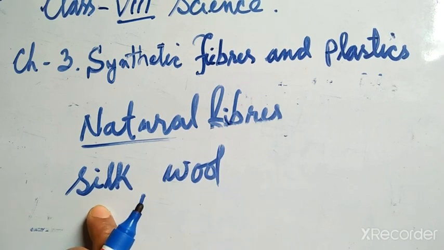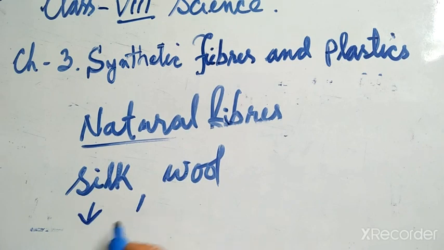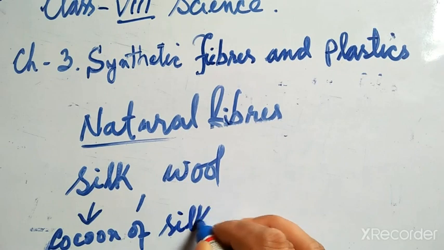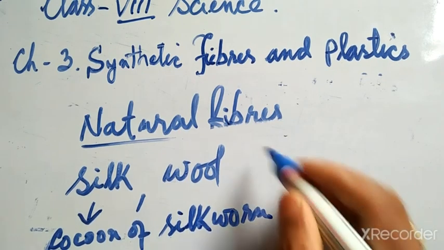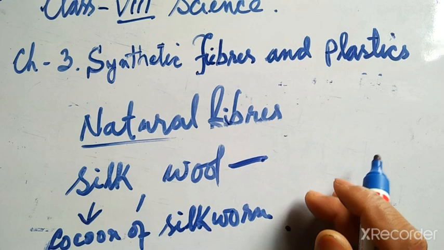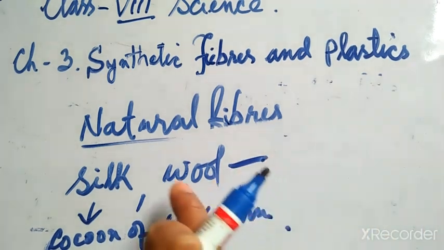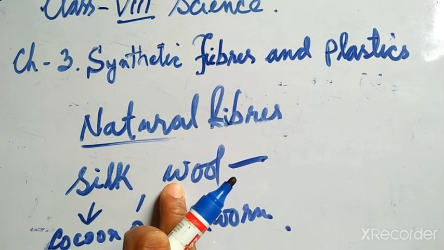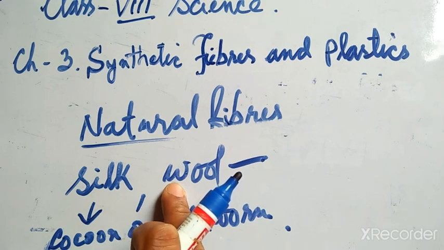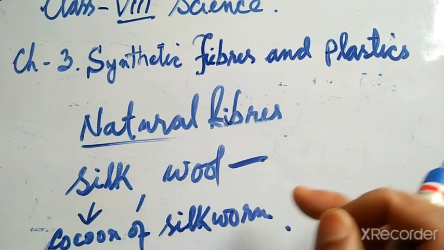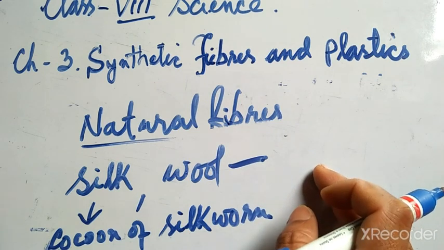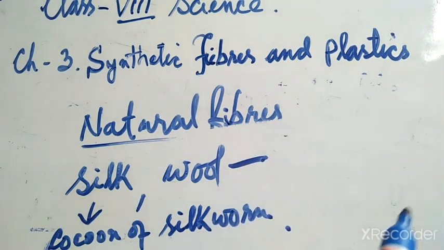Silk fiber is drawn from the cocoon of the silkworm. So these are the natural fibers.